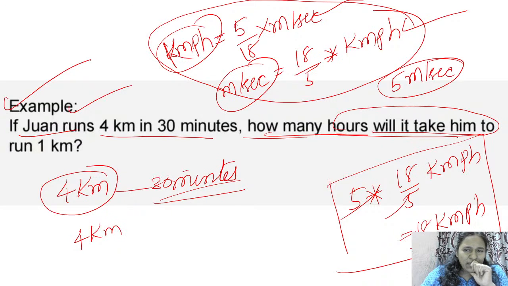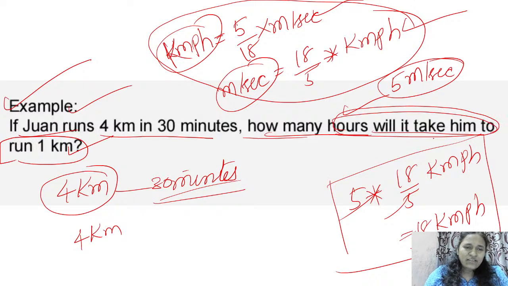Because the question asks how many hours he will take to run 1 kilometer, we have to convert the time into hours. 4 kilometers in 30 minutes means how many hours? We have to divide it by 60 minutes, right, to convert into hours.